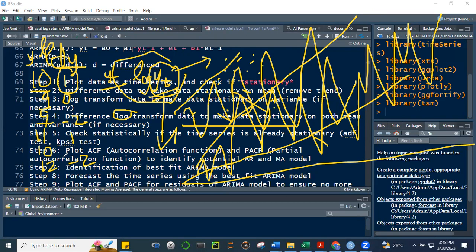Because you can actually do this: find the most negative value. For example, the most negative is negative 5. If the most negative is negative 5, what you do is add, let's say, 5.01.